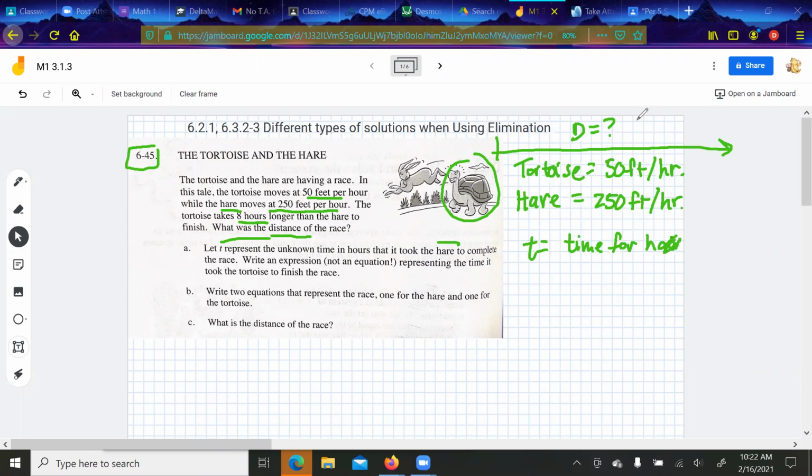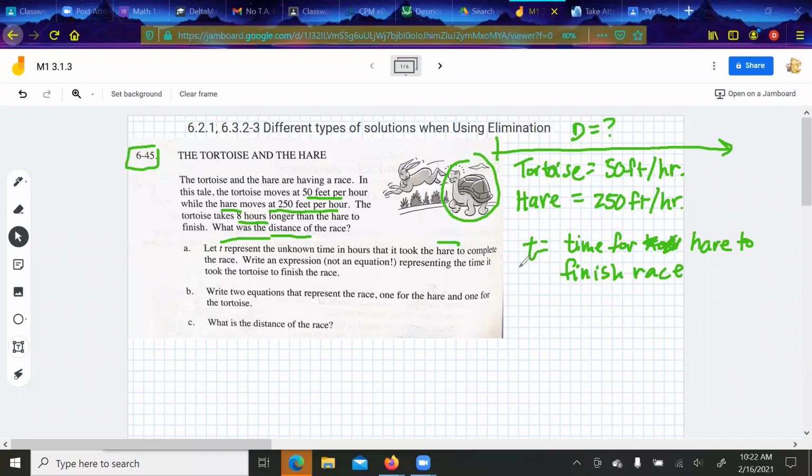Oops, I read that wrong. The hare to finish the race. Okay, well, if T is the time for the hare to finish the race, and we know the tortoise took 8 hours longer, what would our expression be for the tortoise's time?